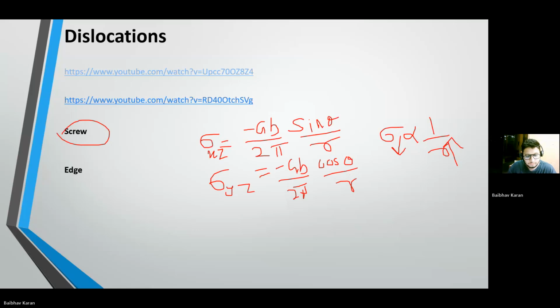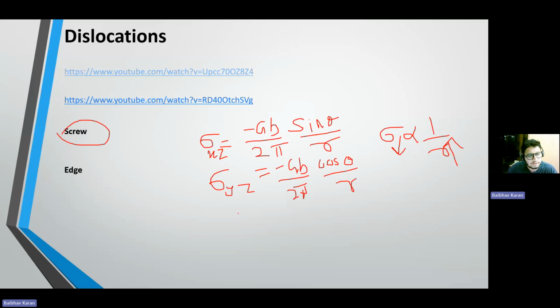Then let's see what is happening if the r is very small, like what is happening around the dislocation. How does the stress change around the dislocation? How does the strain change around the dislocation? Professor Shashank used cylindrical coordinate systems.